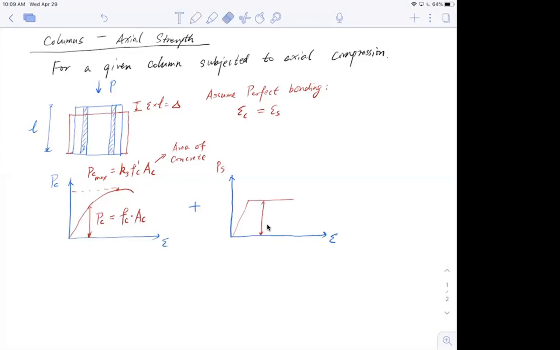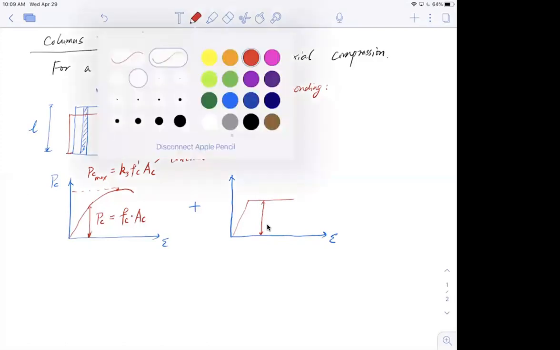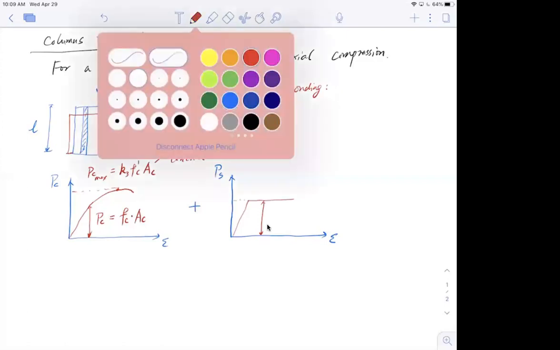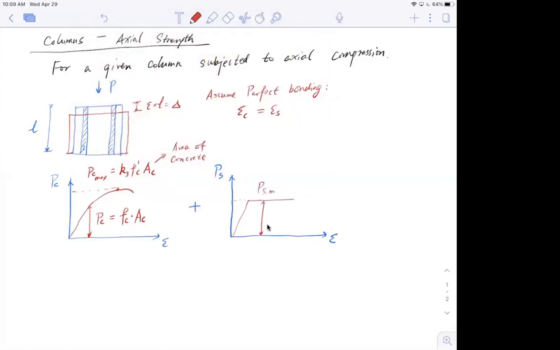Let me change the color back. So this is the force from the steel. Now, if I say this is the max, this max force will equal Fy, the yield strength of the steel, multiplied by the area of steel.